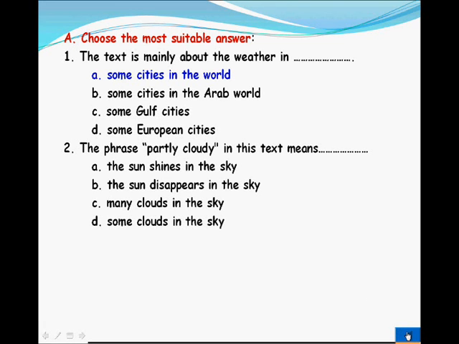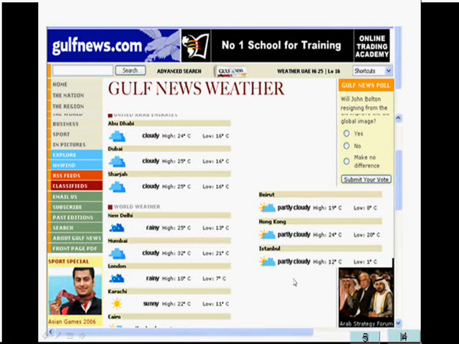Let's go back to the passage, and it's very easy to understand the meaning of the word through a very small illustration which is there beside the word. So you have in Beirut, Hong Kong and Istanbul, the weather is partly cloudy, and of course through the illustration beside it, you'll find that it means that we have some clouds and the sun is also there.